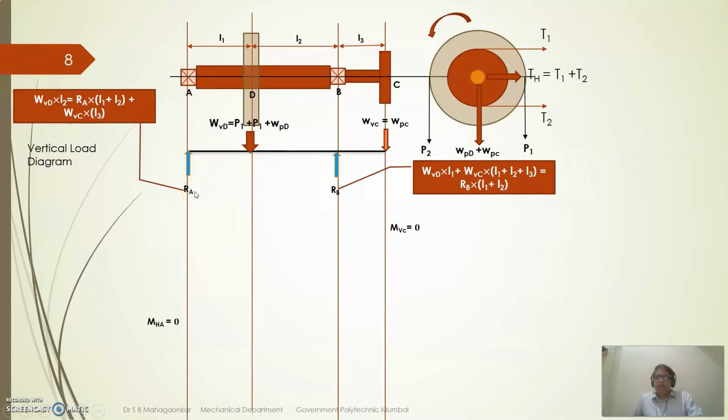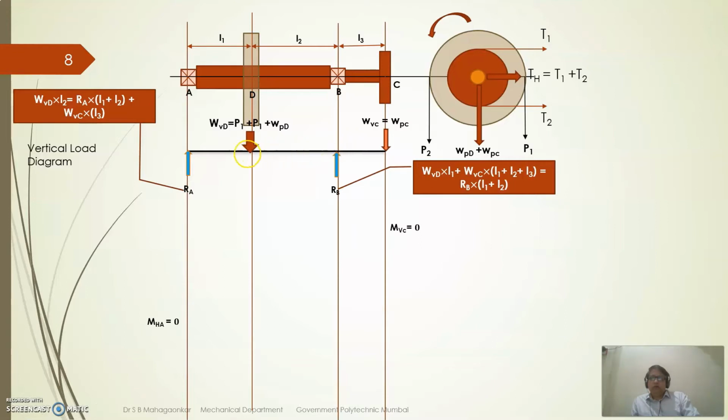In the same way, if I want to get the RA value, we have to take the moment about B. When I take the moment about B, RB becomes 0, because there is no distance. So if I consider point B, now consider the left side and right side.